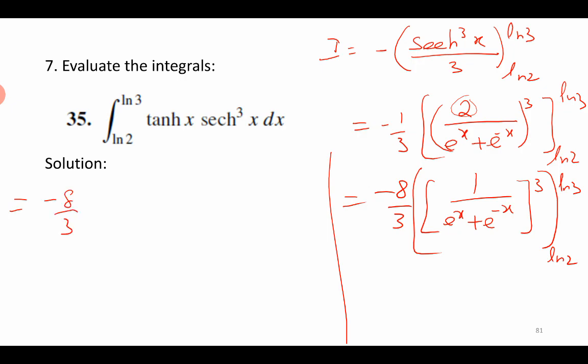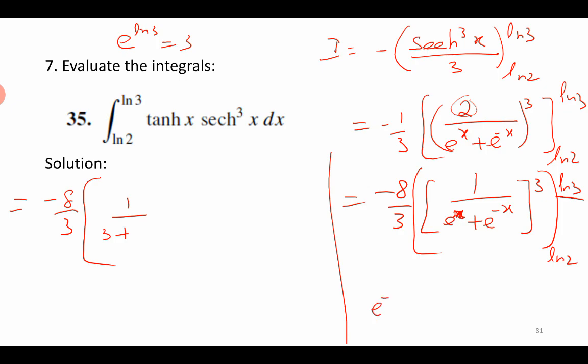Negative 8 over 3. First apply the upper limit ln 3. What happens when you substitute x by ln 3? It will be e raised to ln 3, which is 3. So the first part is 1 over 3, plus. Similarly, what is e raised to negative x?